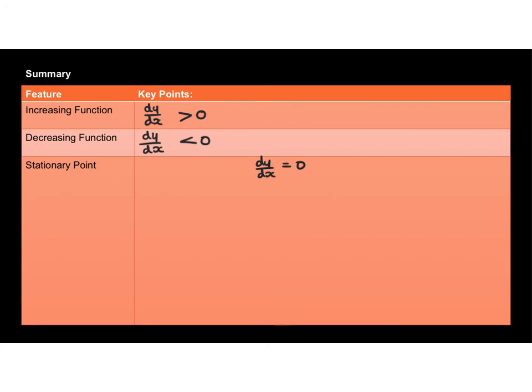Now, under the umbrella of stationary points, we then have the 2 possibilities of a minimum point or a maximum point. And it's important to understand that these are called turning points.